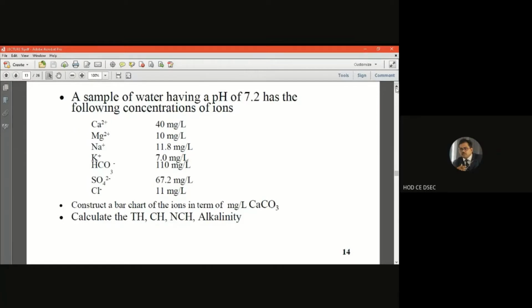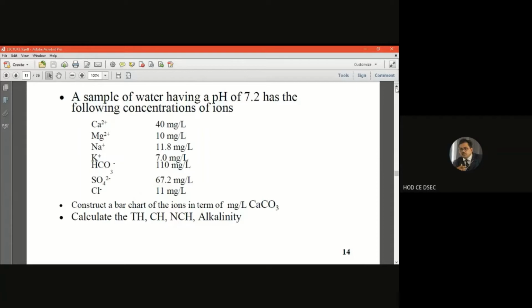Because in the theory of the last 7th and 8th lectures we observed that both hardness and alkalinity are measured on the calcium carbonate scale, that is milligram per liter as CaCO3. So the bar chart has to be constructed in terms of milligram per liter as CaCO3.